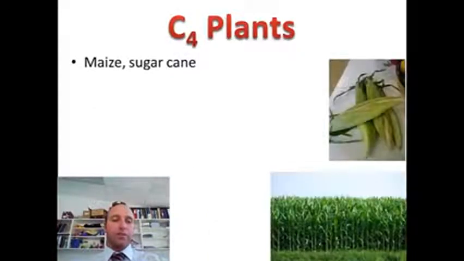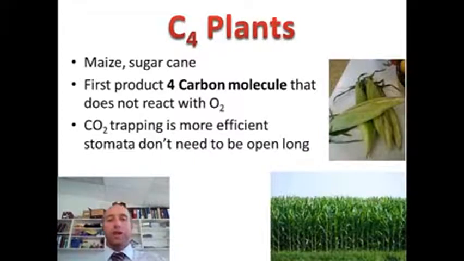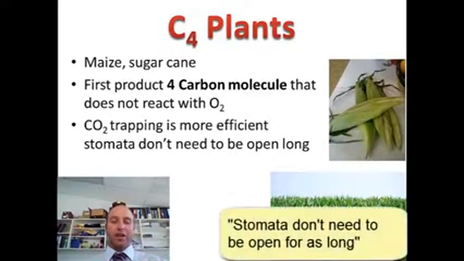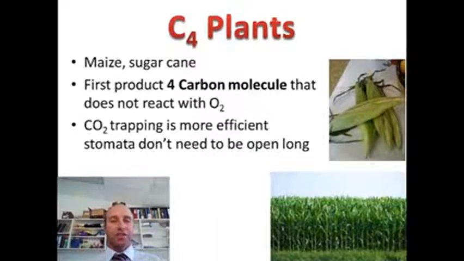So let's look at C4 plants, and two great examples of C4 plants are maize and sugarcane. They're called C4 plants because the first molecule formed is a 4-carbon molecule, and the benefit here is that it doesn't react with oxygen like in C3 plants. This means the trapping of carbon dioxide is a lot more efficient, and the stomata don't need to be open as long. In C3 plants, the stomata needed to be open for such a long time because the trapping of the carbon dioxide wasn't too efficient.